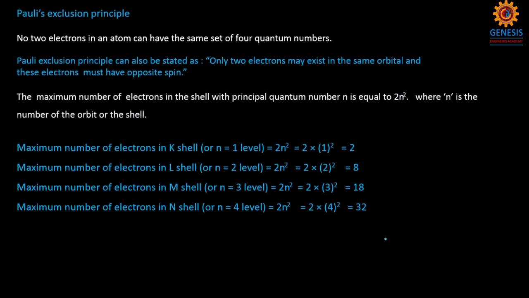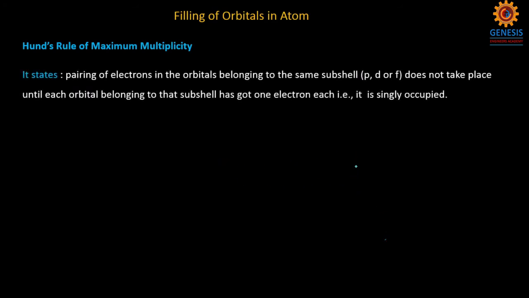Next, Hund's rule of maximum multiplicity. It states that the pairing of electrons in the orbitals belonging to the same subshell does not take place until each orbital belonging to the subshell has got 1 electron each. What is that?